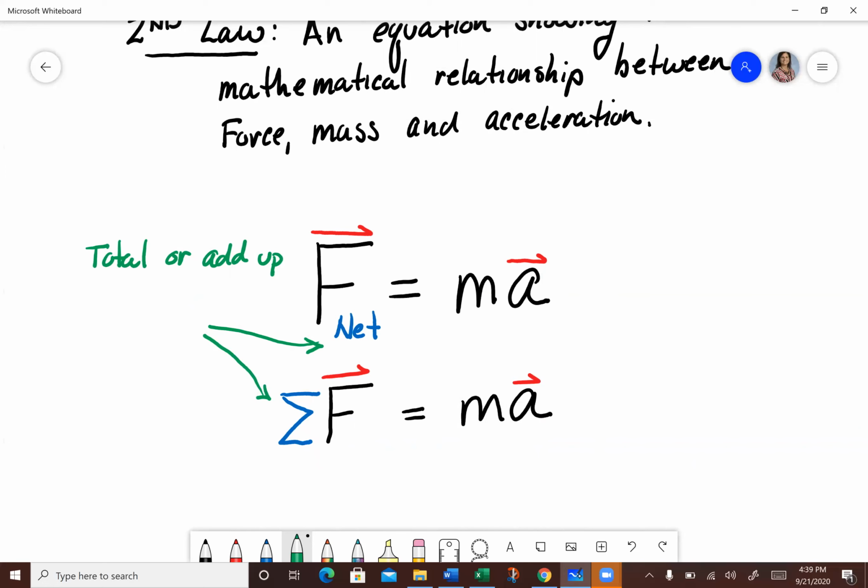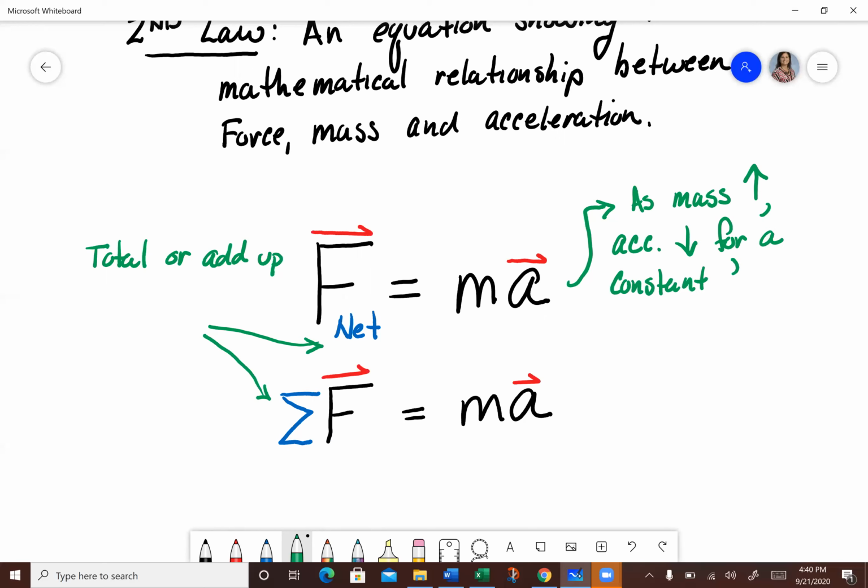Some important things here. The relationship that this is telling us, as we saw with the law of inertia, is that as mass increases, acceleration decreases for a constant force.